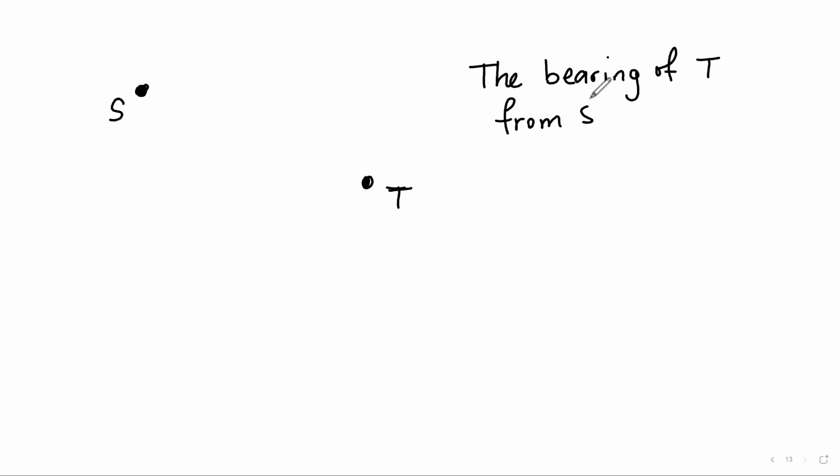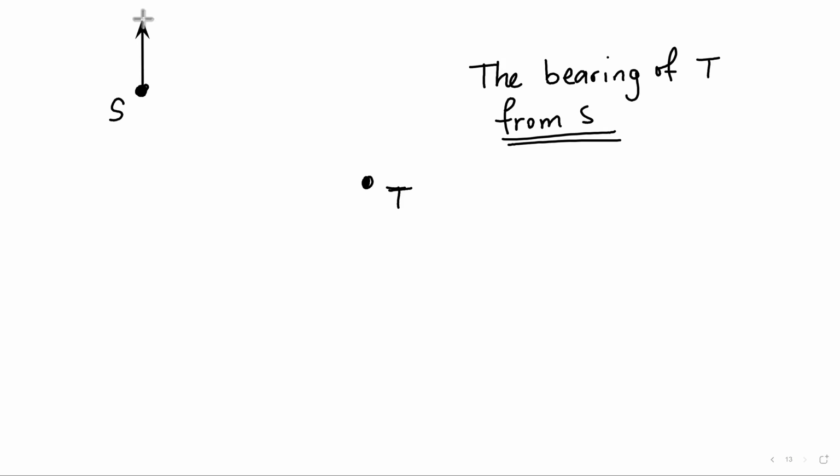If I have a point, this is the point S, and let's say this is the point T. The bearing of T from S: you see the word from S. Because it says from S, that's where I'm putting my north line to begin with. So my north line is going at S because that's my starting point.